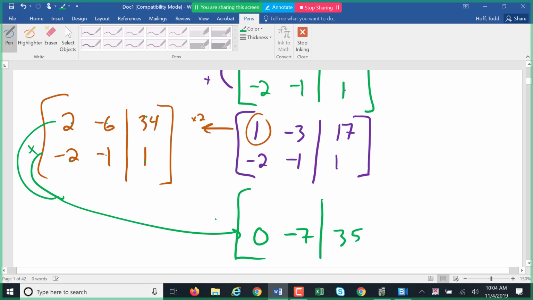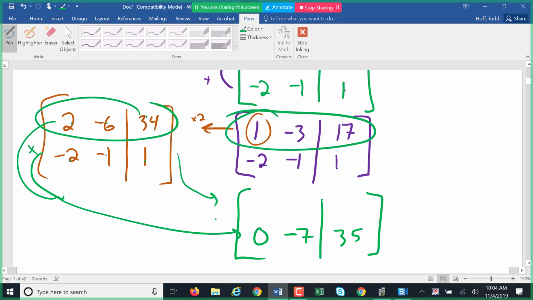But I don't want this row to go back up top. I want the row I had before I multiplied it back up top. So technically what I'm doing is dividing that row by 2 again to get it back to this one. So it's just 1, -3, 17. It's what it was before we multiplied.